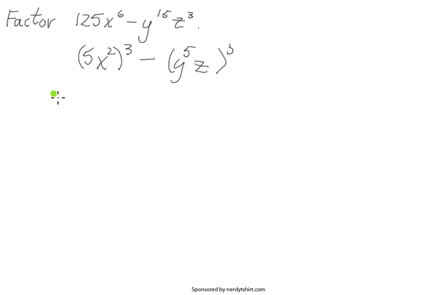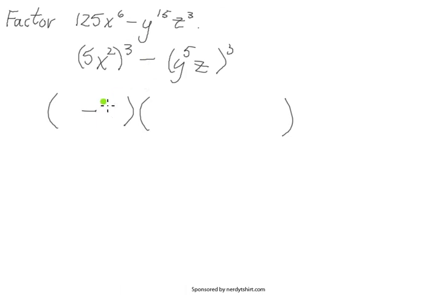So here's where, now that you've picked out the things that are being perfectly cubed, you can kick in the perfect cube factorization setup. So for a difference of cubes, remember this breaks down as a binomial times a trinomial, and the sign on the original sum or difference of cubes carries through as the sign in between the two terms of the binomial.